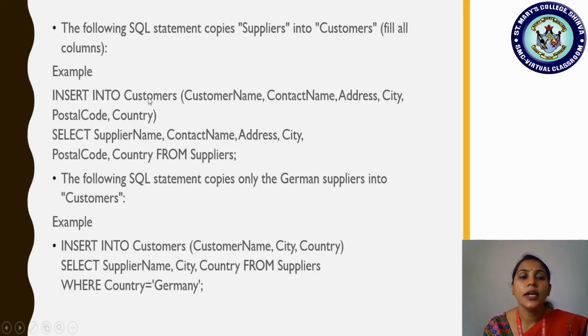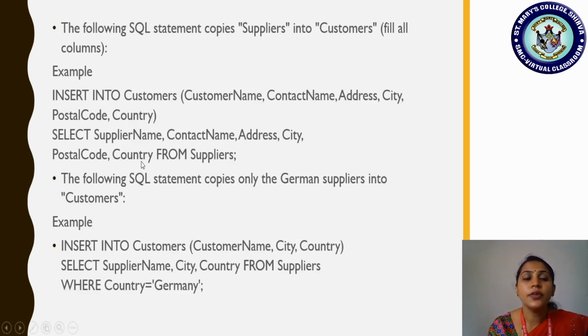Insert into the target table, the new table to which you have to copy the data. Insert into customers, open parenthesis, you mention the new column names for this new table, and following that you mention that the row values or tuples have to be selected from the source table. What keyword are you using? Select. Values from which columns? You should mention them serially, in order: supplier name, contact name, address, city, postal code, country.